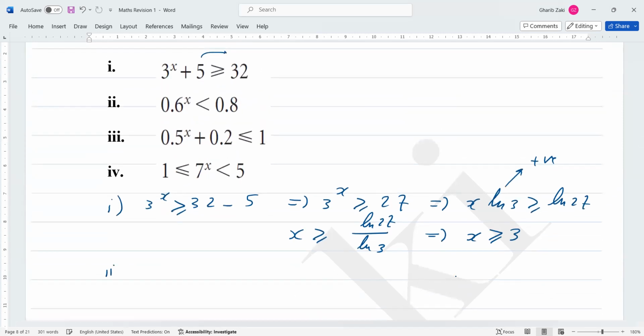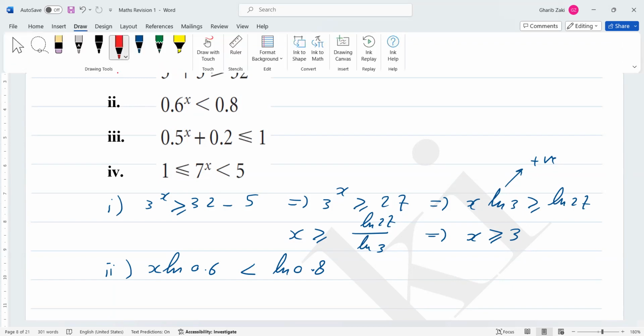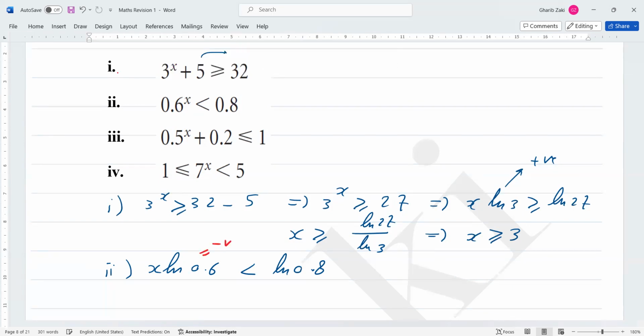Okay, here. Take ln of both sides. So ln 0.6 to the power x. When you take ln, it becomes x ln 0.6 less than ln 0.8. Now, find ln 0.6. ln 0.6 is negative, so take care. Then when we divide by ln 0.6 on both sides, we have to change the direction of the inequality.